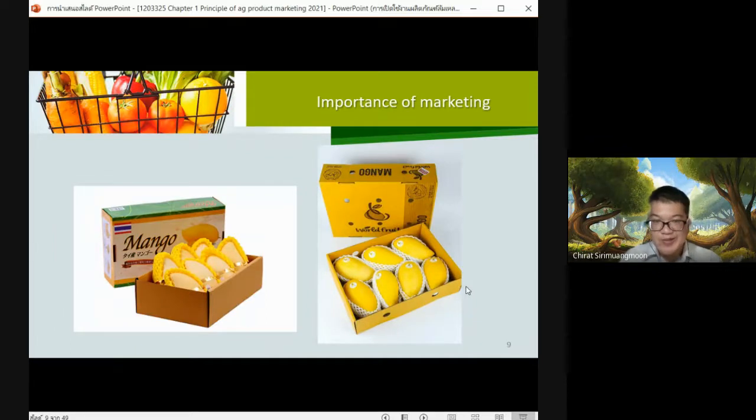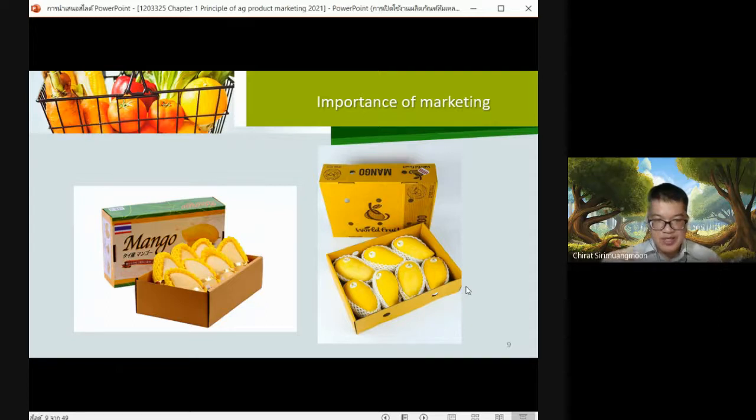Or here, you will see this is a mango that is shipped to Japan. But think about how marketing is involved in this product. The marketing person knows that if you use a ship, it will take such a long time from Thailand to Japan. So they think they should do something to make it fast. They make the box and they have mango protectors like styrofoam that cover the whole mango to protect it from bruises.